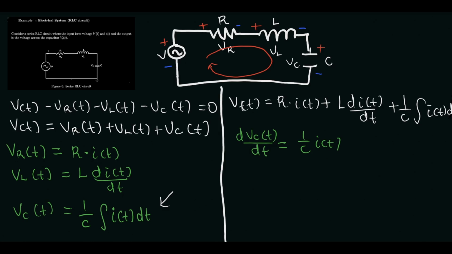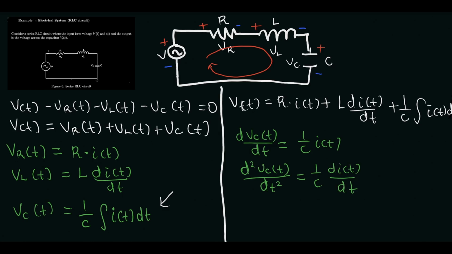Differentiating it again, you have d squared vC(t) over dt squared equals 1 over C di(t) over dt.